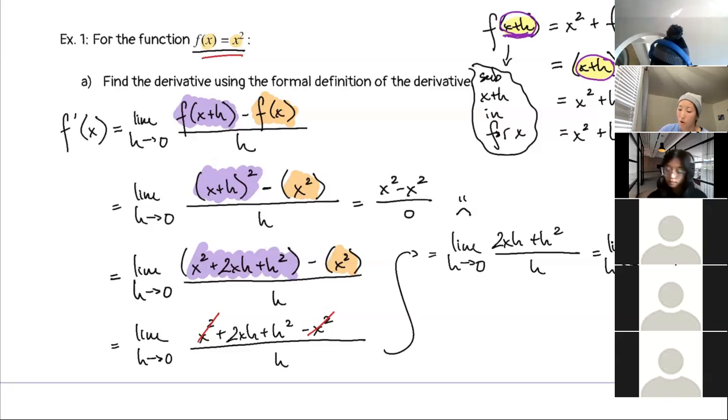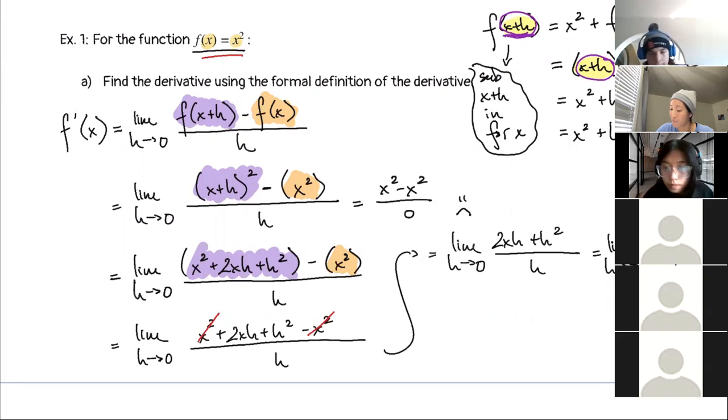Okay. Why would it be so crucial to be able to factor an h out? Perfect.